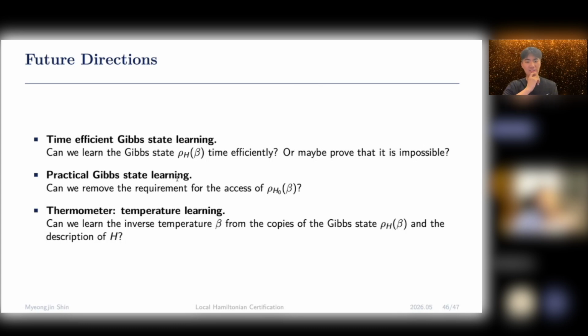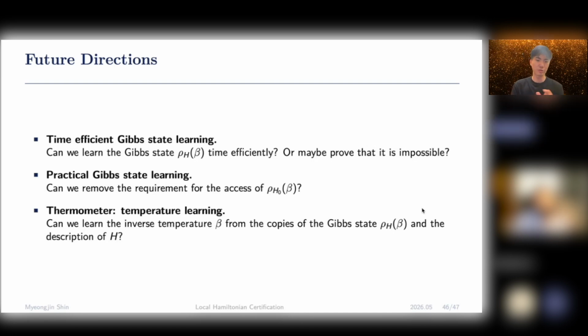And lastly, I heard that it's a topic for many PhD students at Caltech. Can we learn the inverse temperature beta from the copies of the Gibbs state and assume that we have a description of H?